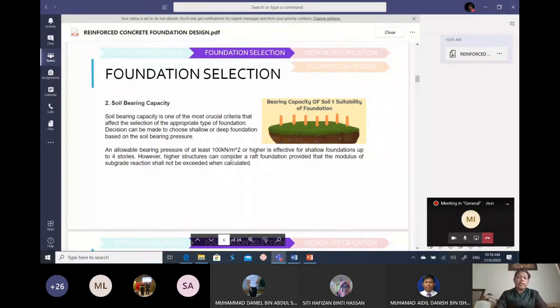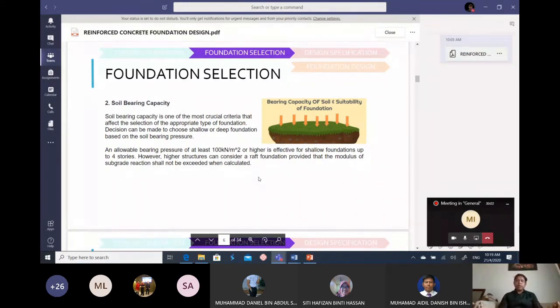However, higher structures can consider a raft foundation, provided that the modulus of subgrade reaction shall not be exceeded when calculated. So raft foundation is also good as a shallow foundation for buildings that have a large area.